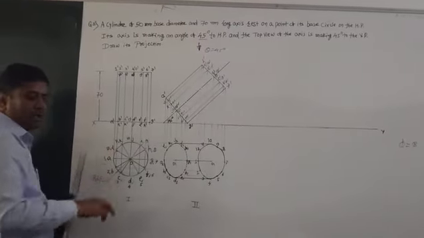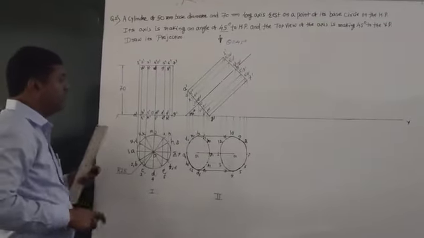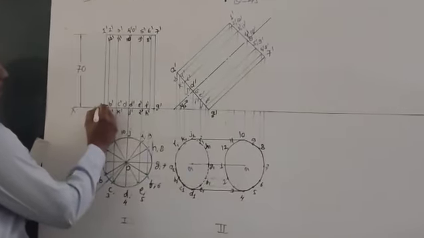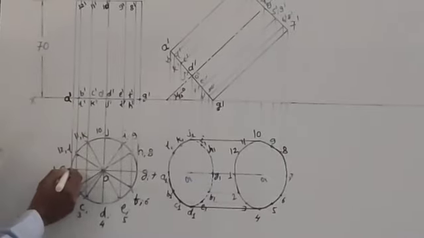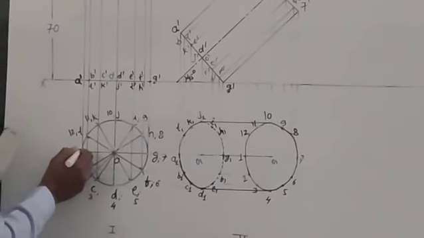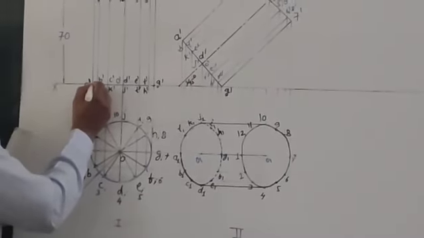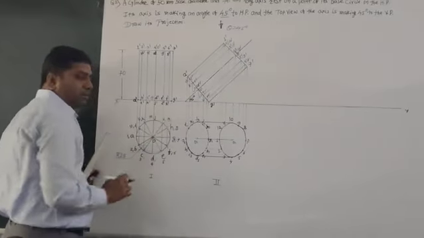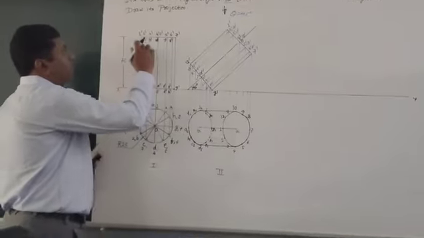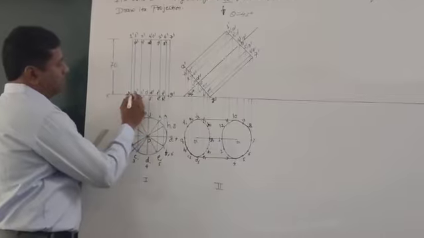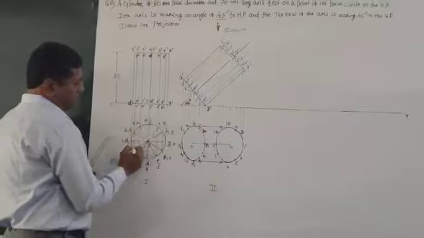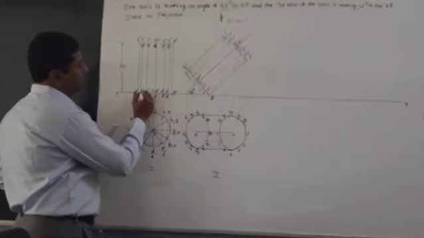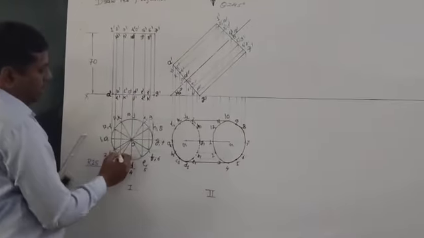In the front view, we denote the letters or numbers by a dash, that is A dash. So here our point is, the projection line coming from A, and this becomes A dash. See here, for the bottom I have given letters and for the top I have given numbers. So my point is A dash. Here the line coming from B and L, so this is my B dash and L dash.